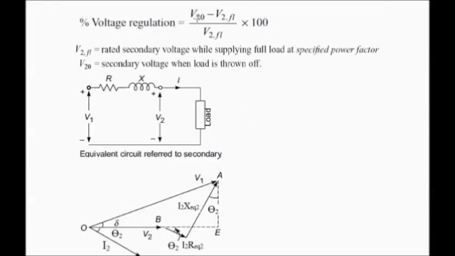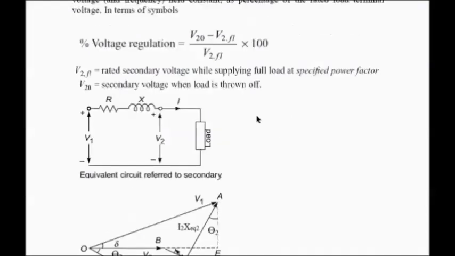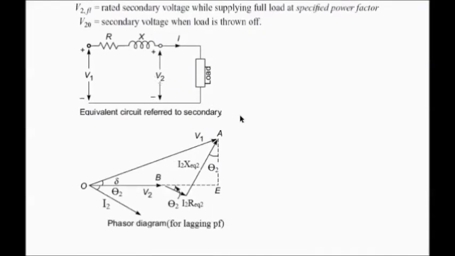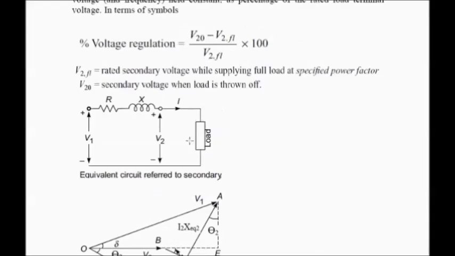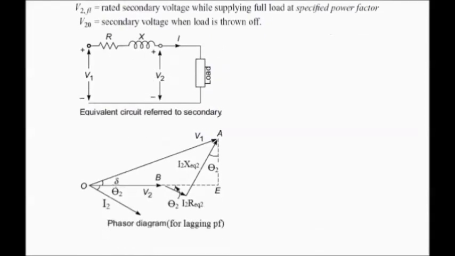To calculate V2 naught minus V2 FL, we will draw the phasor diagram for V2 full load and V2 naught. V2 full load can be denoted simply by V2. Suppose this is your V2, and considering a lagging power factor, that is the load to be lagging, then I2 will lag this V2.